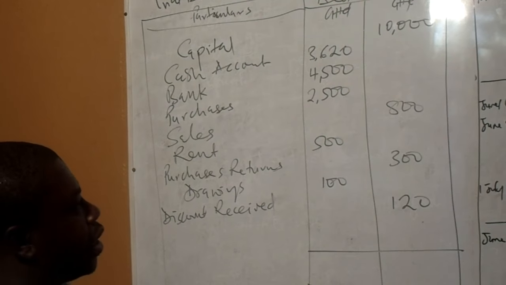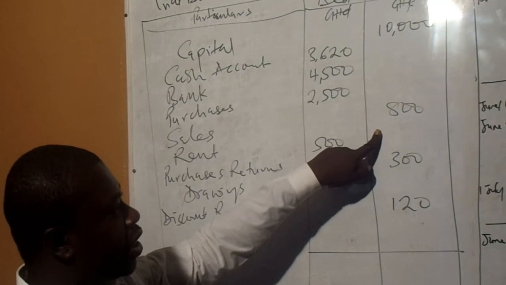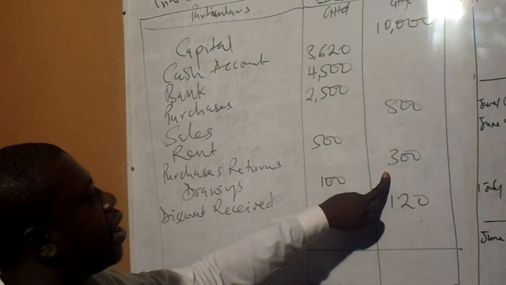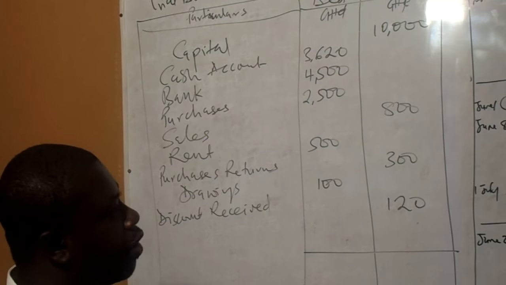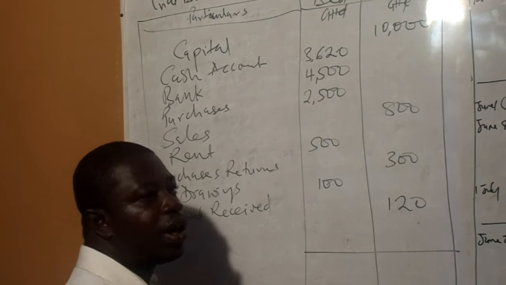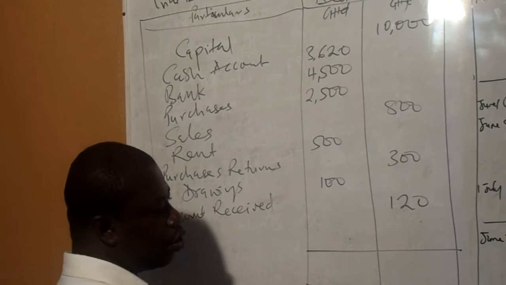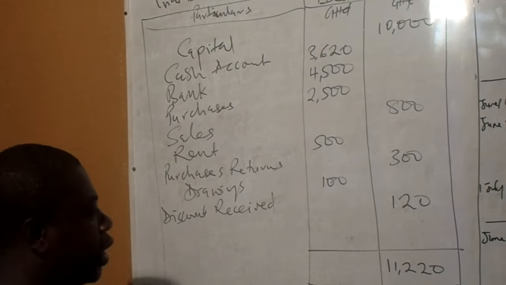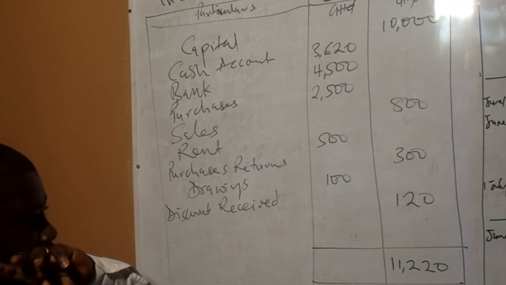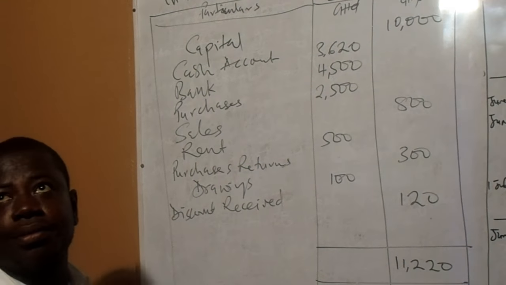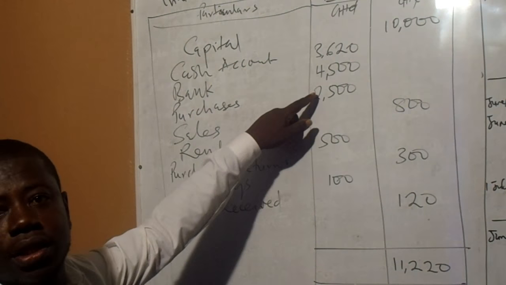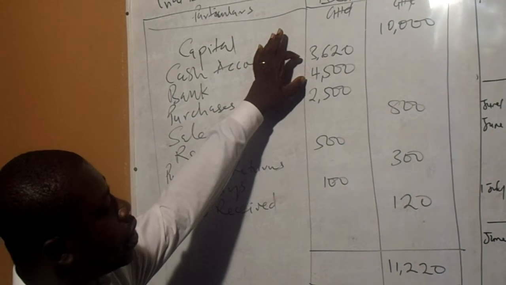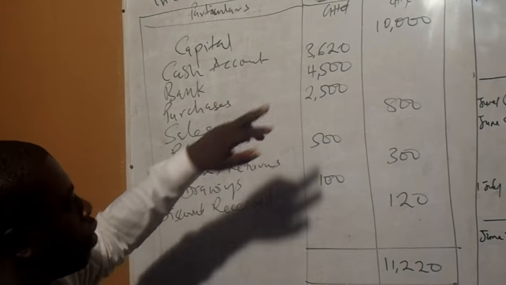So starting from the credit side, 10,000 plus 800 gives us 10,800, plus 300 gives us 11,100, plus 120 gives us 11,220. So the credit side gives us 11,220. Now looking at the debit, 3,620 plus 4,500 gives us 8,120.